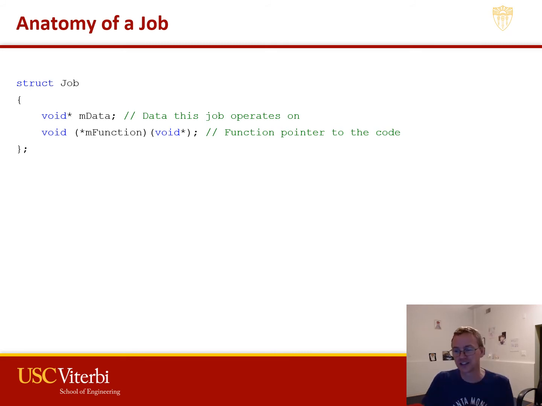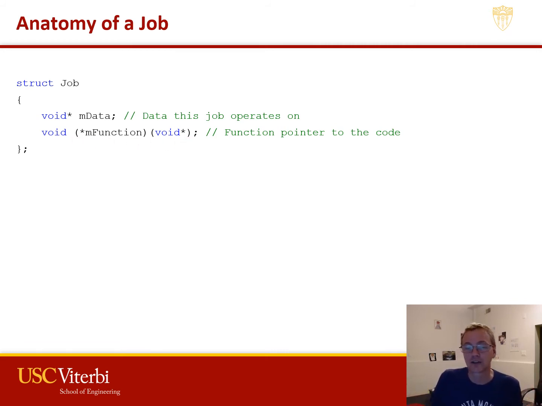Still on the tangent, remember that a function is just some address in the code that we want to jump to, right? To run a function, you push some stuff on the stack, and then you jump to an address. And that address is where that function is. That address can be a pointer, right?